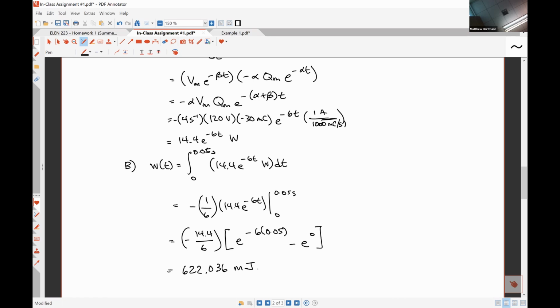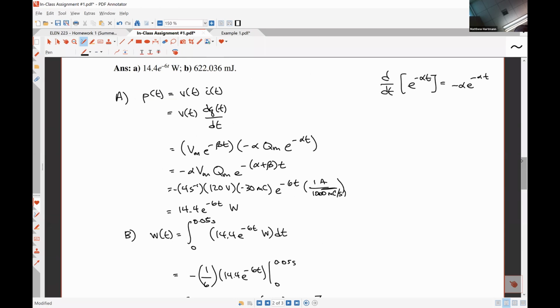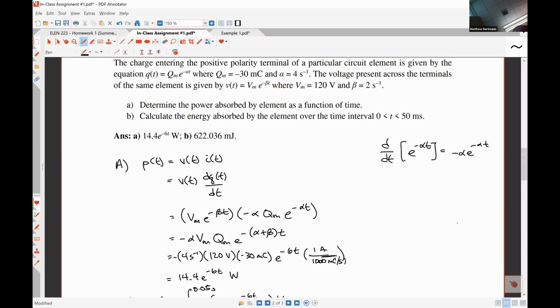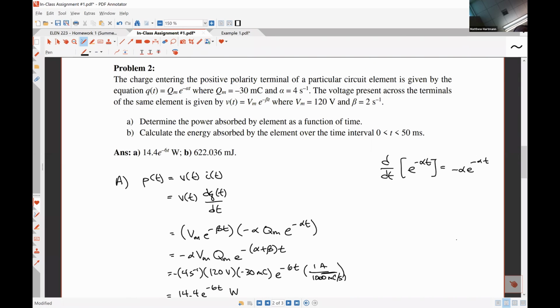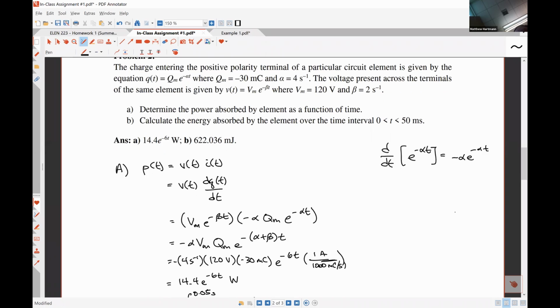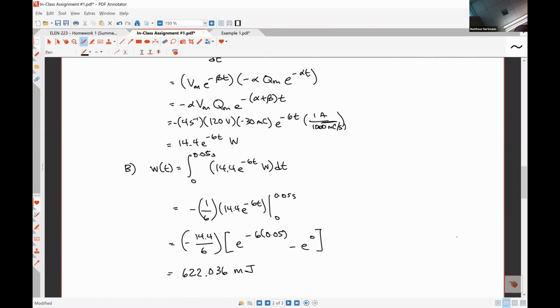So units are important. Don't forget to take care of those guys too. Let's see if there's anything else here. I don't think there was, though. Determine the power and calculate the energy. All right, so that seems fairly straightforward as well.